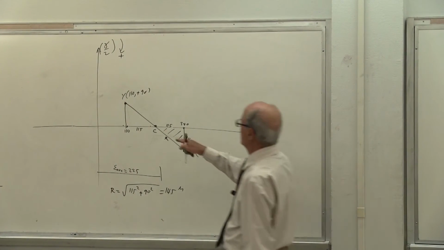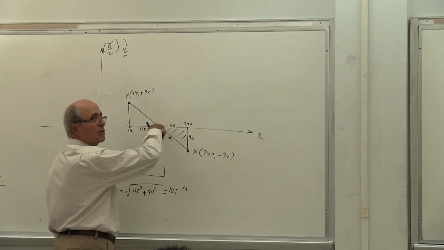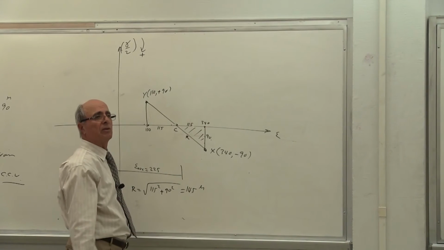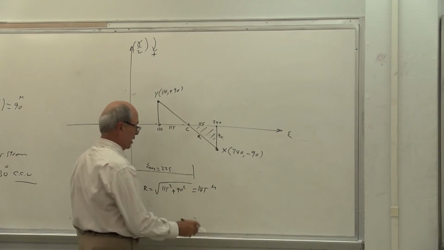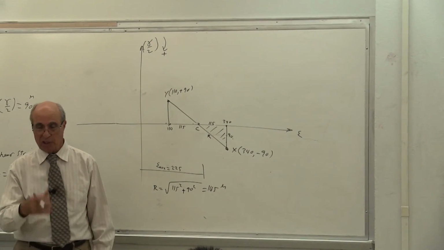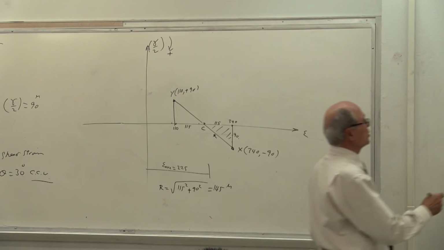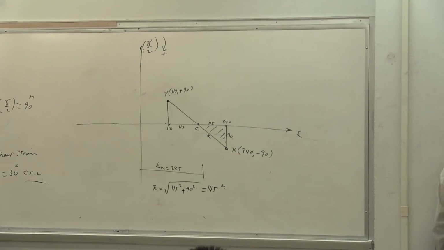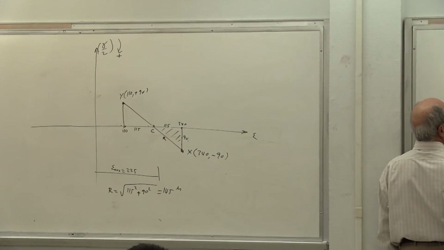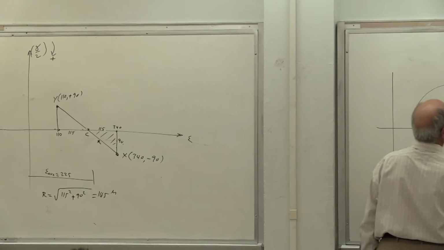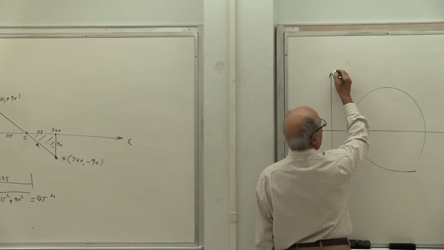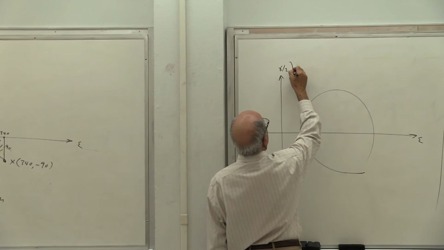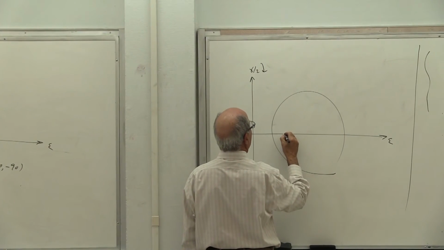Then I put here the center of the circle. I draw the circle. Yes or no? Correct? Yeah. So let me redo that again because this way I cannot draw the circle properly. So I redraw it here. So if this happened to be my circle, this is what we did here. Again, I'm redrawing that. This is epsilon, and this is gamma over 2 with the arrow. And 1 point was here.